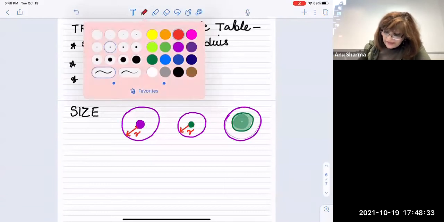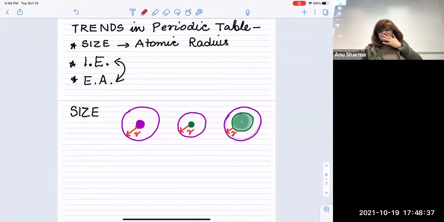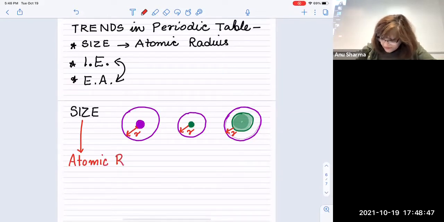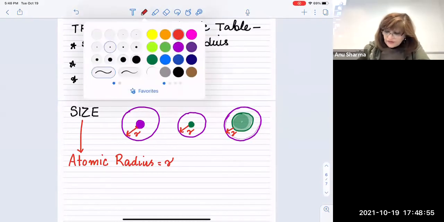So we see that this is again a small radius. All this is the size of the atom, that is the atomic radius, which is R.